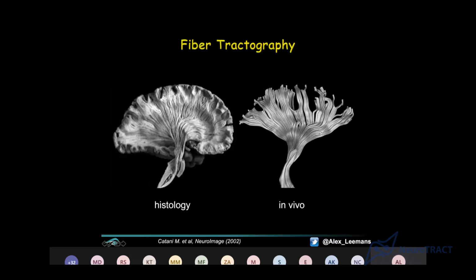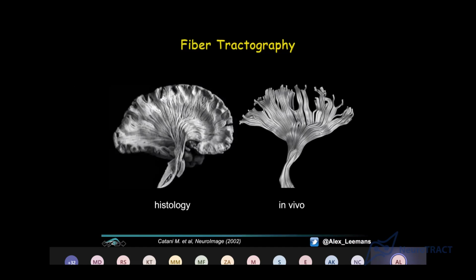Okay, validation is always a big concern because when you come up with a new technology and you claim to be able to reconstruct pathways in vivo, that's going to cause a big frown. Like, wow, can you really do that? Well, what I'm showing you with this image, on the left is the histology, on the right is the in vivo. This part of the projection pathways, of the pyramidal pathways, well, if it looks like a duck, quacks like a duck, flies like a duck, and even tastes like a duck, it's probably a duck, right?